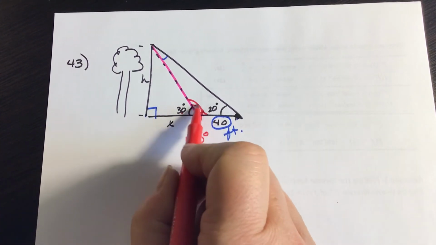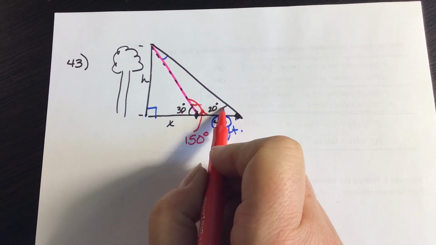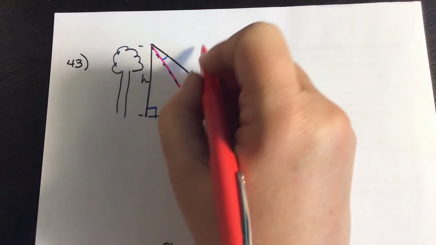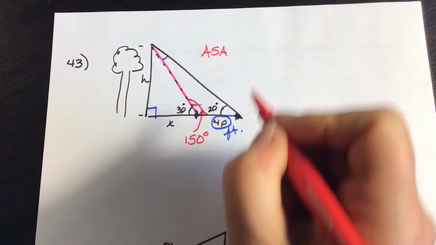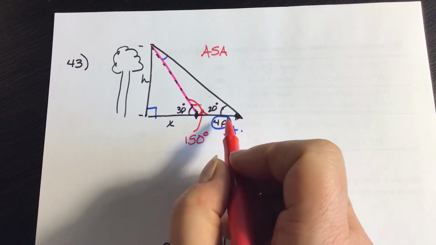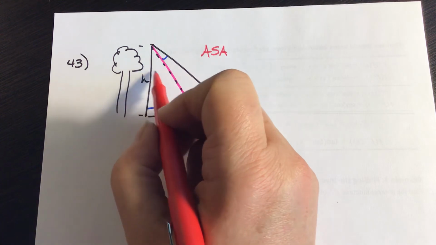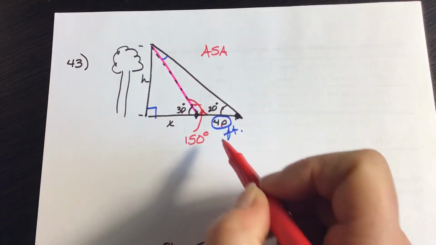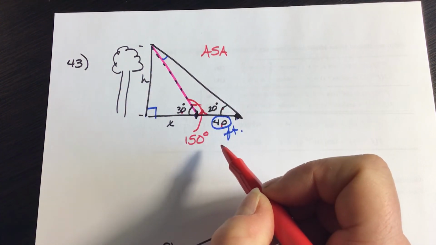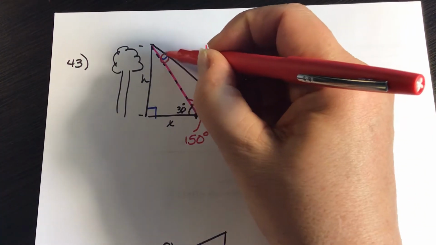So using this angle, this side, and this angle, I have angle, side, angle again, and I can use the law of sines. And to do that, I would need to know the other parts of the triangle. Yep, I need to know this angle right here.